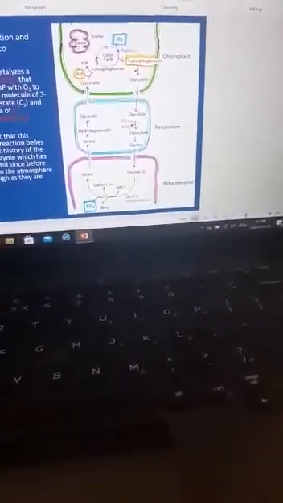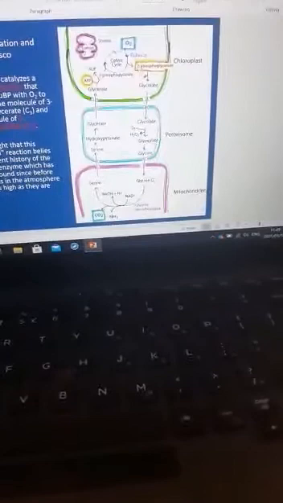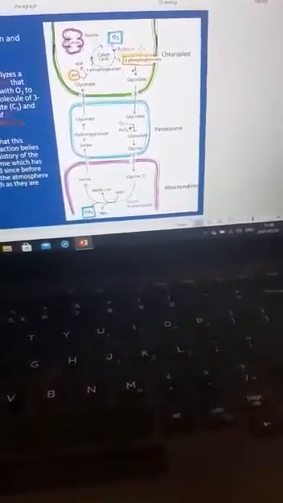Now, here is what happens in the process of photorespiration step by step. You've got oxygen interacting with RuBP, and that will result in the formation of 1 PGA and 1 phosphoglycolate.